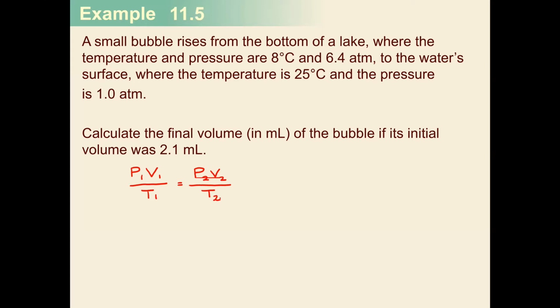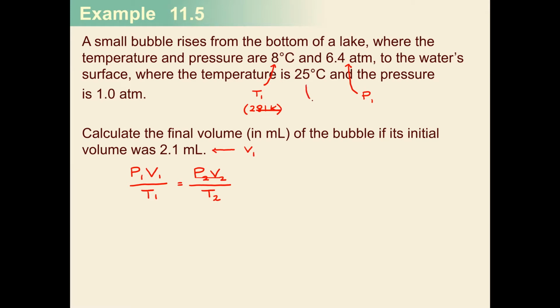Now we need to go and identify our variables. In this case, we know that temperature 1 is going to be our 8 degrees, but remember, we need to have that in Kelvin, so we need to convert that. That is going to be 281 K. Our 6.4 is going to be our pressure 1, and our volume 1 is going to be our 2.1 milliliters.